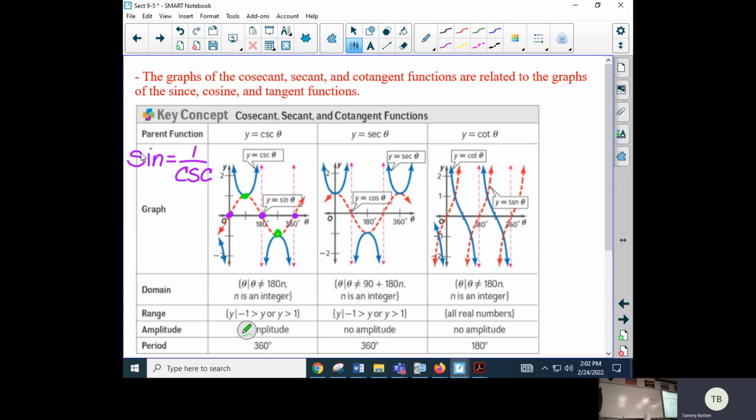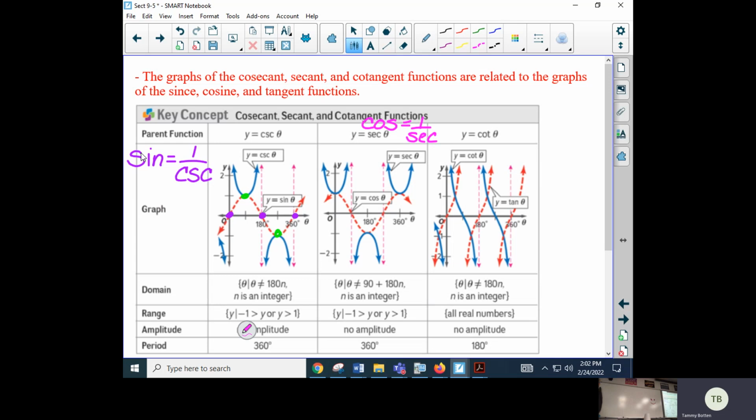Same thing with secant. When you go to graph secant, cosine is 1 over it. You're gonna do them both, yes. When you're graphing the sine and the cosine, it's so that you know where your cosecant or secant is gonna start and stop, where those asymptotes are, okay?